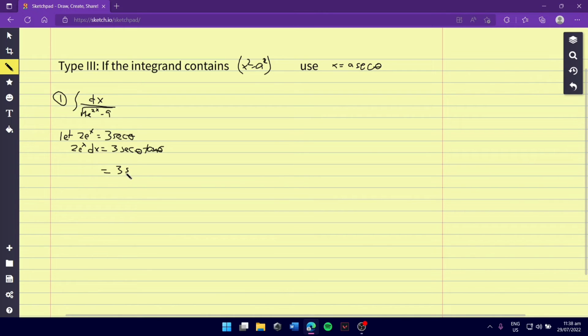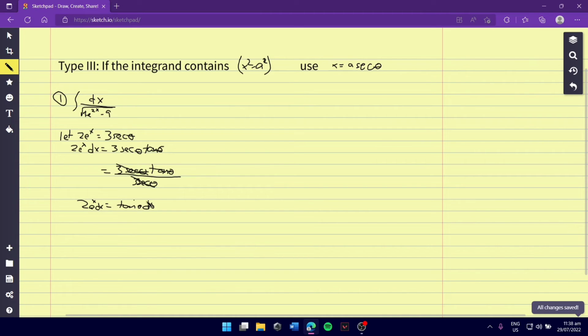So 3 secant theta tangent theta over 3 secant theta will cancel out. So we only have tangent theta d theta as our 2e raised to x dx.